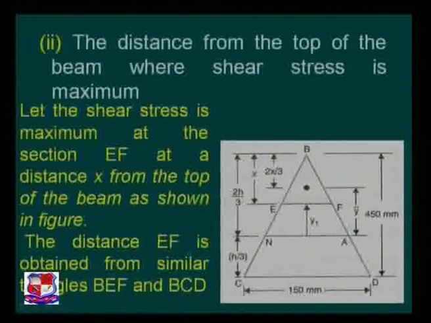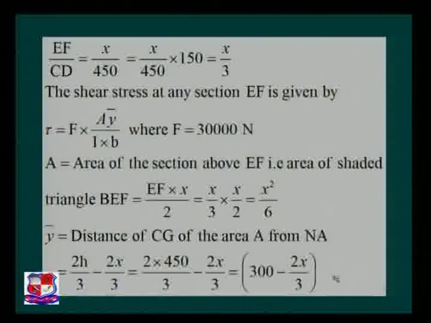I want to find out EF, because this EF we have to find out to obtain the value of B, and all the related parameters. This EF is obtained from the similar triangles BEF and BCD. Now let us proceed further. So EF by CD is equal to x by 450.